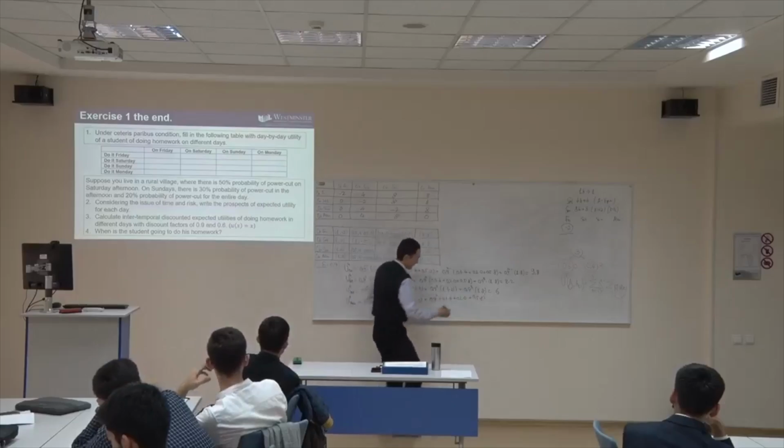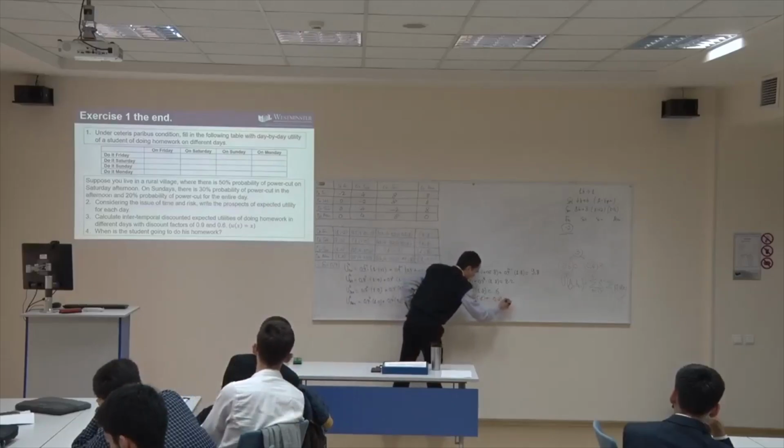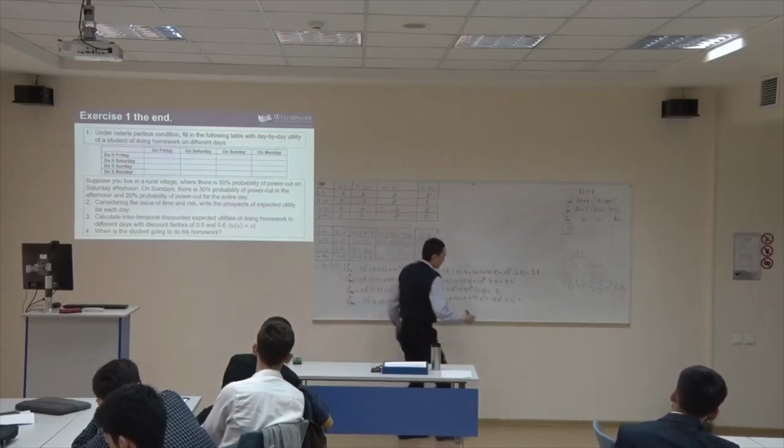Okay? And lastly, Monday, so 0.9 cubed times 100% probability of 0. If you find this, it's also equal to 6.